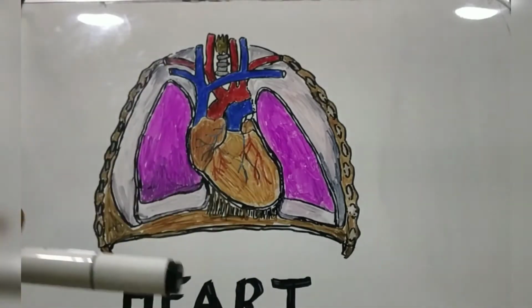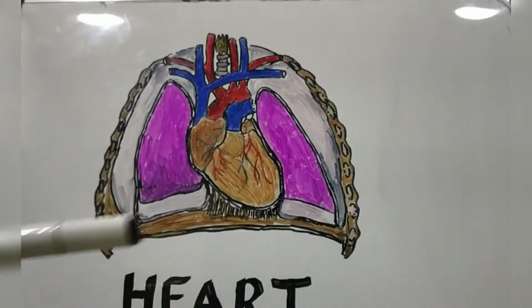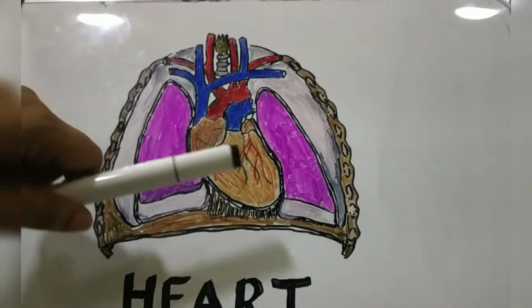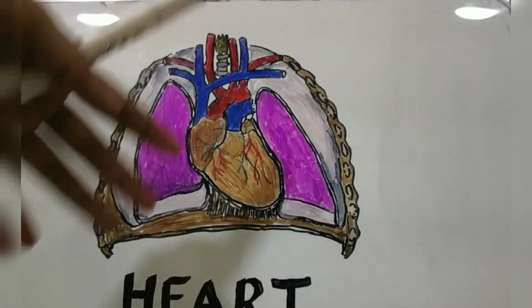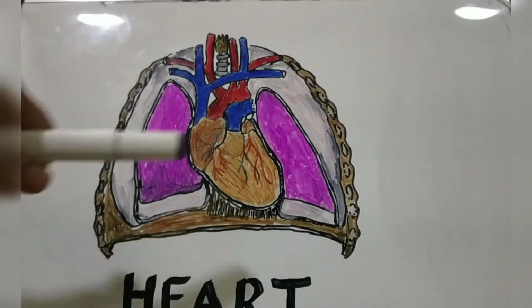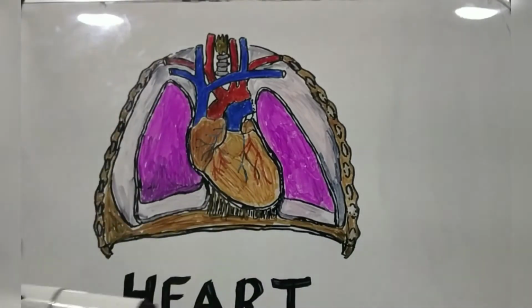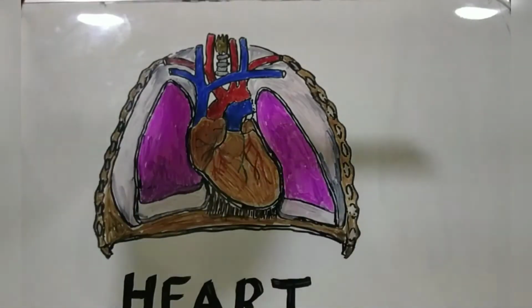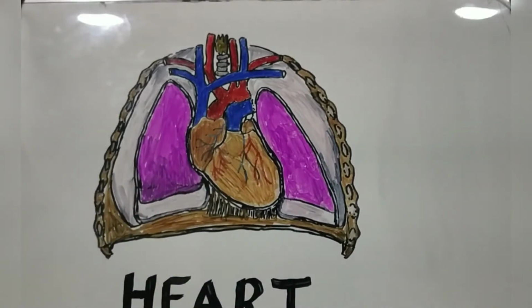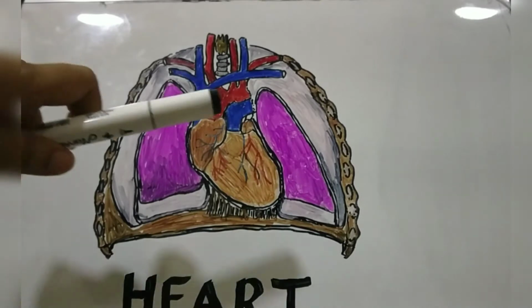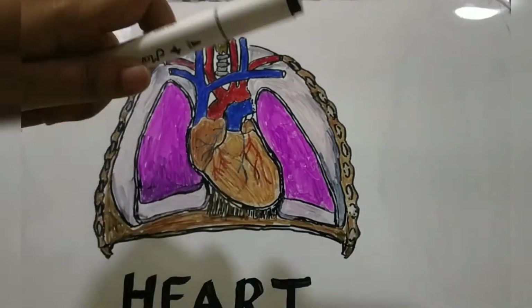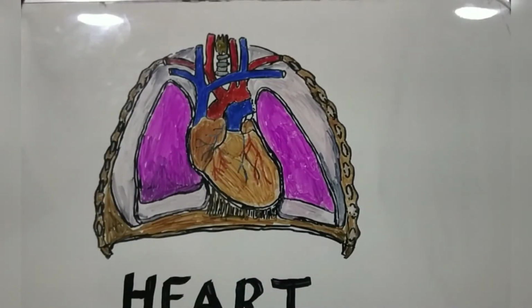So in an athlete, the muscles are more developed and they can effectively pump blood to the whole body. So doing cardiac exercises makes your heart stronger and it helps to effectively pump blood to the whole body. And in males, it weighs up to 300 grams and in females, it weighs up to 250 grams.